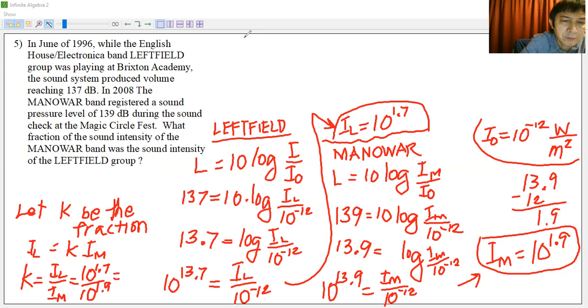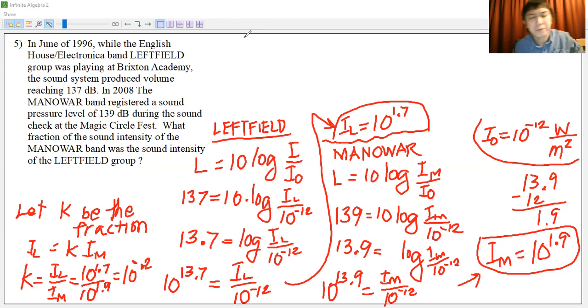And so this is equivalent to 10 raised to 1.7 minus 1.9, that's negative 0.2. So this is 10 raised to negative 0.2.